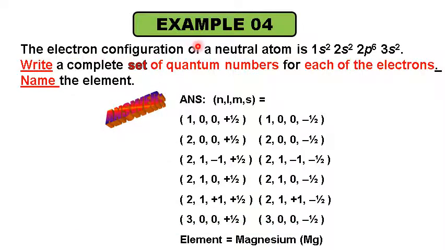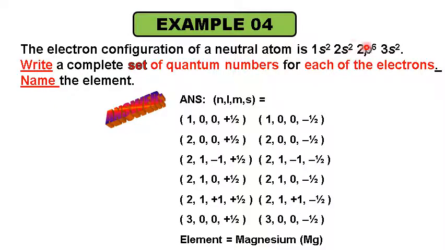The electron configuration of a neutral atom is 1s2, 2s2, 2p6, 3s2. Now the question asks to write a complete set of quantum numbers for each of the electrons, and name the element. So I have to write down the quantum numbers for 1s2, 2s2, 2p6, 3s2, all of them. And don't forget there is another question, name the element.